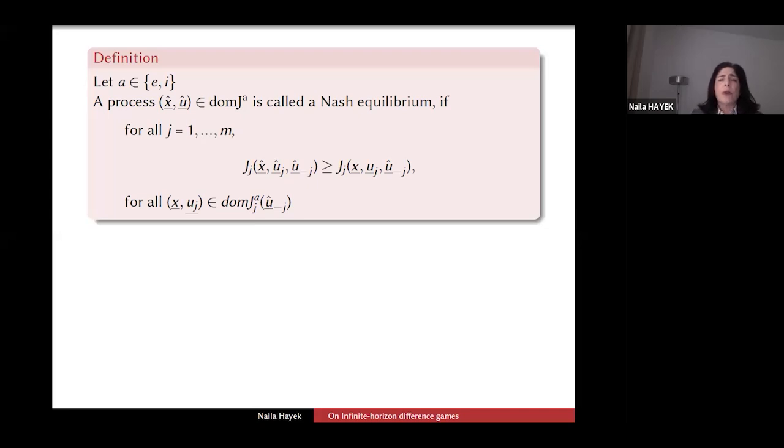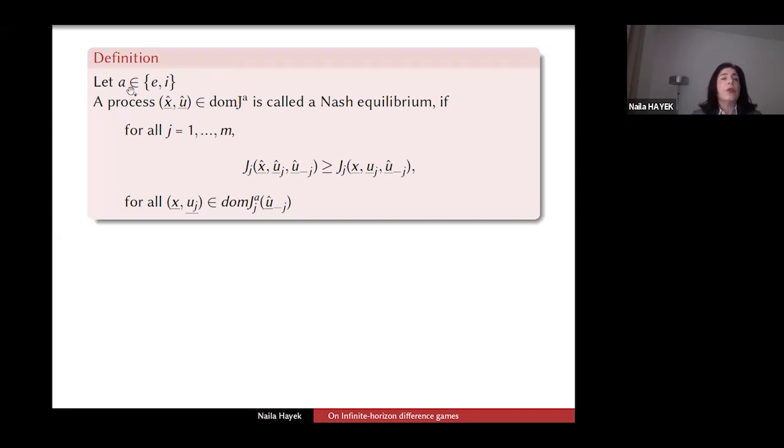I will not repeat open loop, but keep it in mind. A Nash equilibrium, if for all j going from 1 to m, the criterion at x hat, u_j hat, given u hat minus j, is greater than the criterion at any other admissible x, u_j, which are also in the domain, I mean, for which the infinite series will converge. Okay, so this is the usual definition.